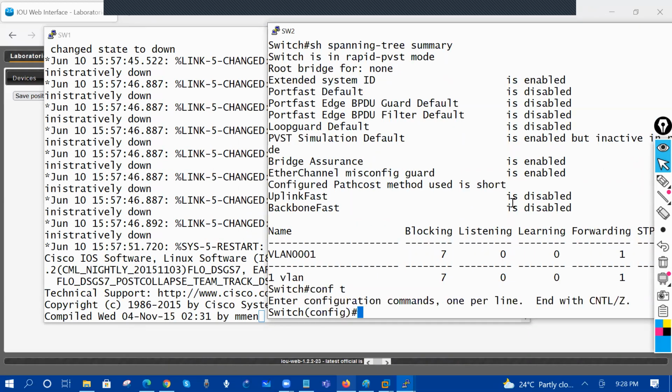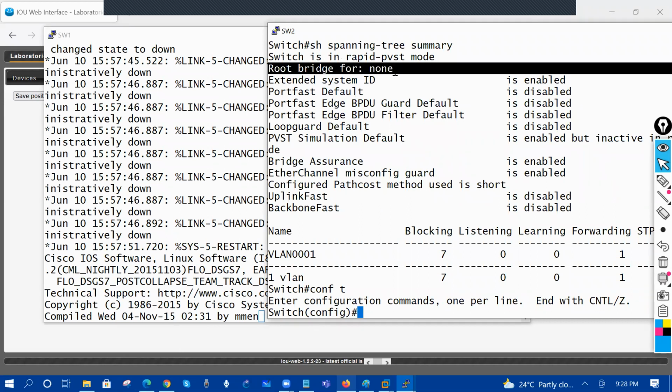Okay, so right now no root bridge has been elected, right? That's why it says none.